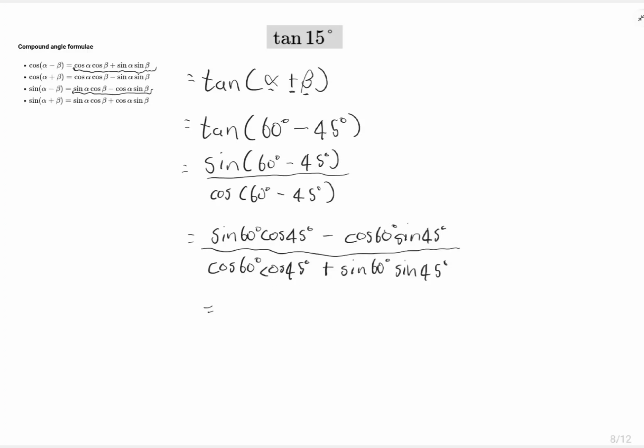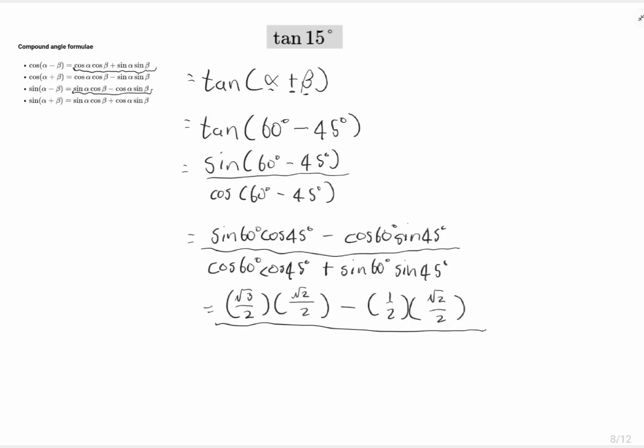So sine 60 is square root 3 over 2, cos 45 is square root 2 over 2, minus cos 60, which is 1 over 2, times sine 45 degrees, which is square root 2 over 2, divided by cos 60, which is 1 over 2, times cos 45, which is square root 2 over 2, plus sine 60, square root 3 over 2, times sine 45, square root 2 over 2.